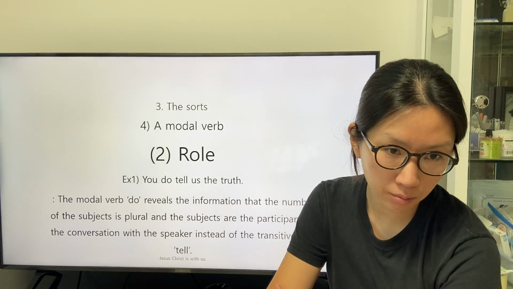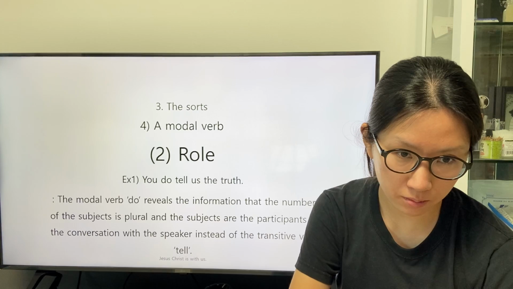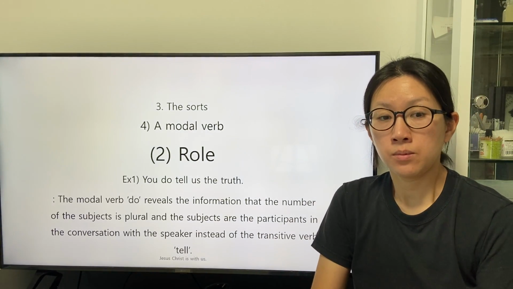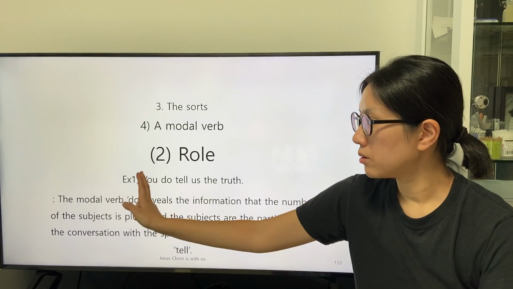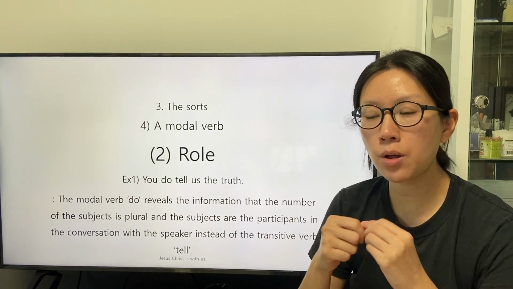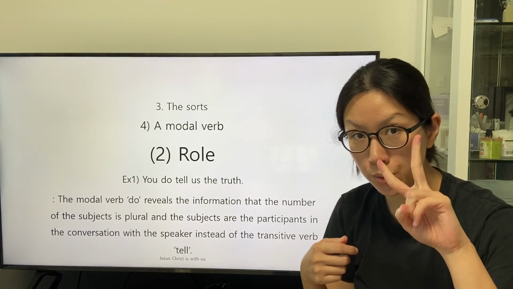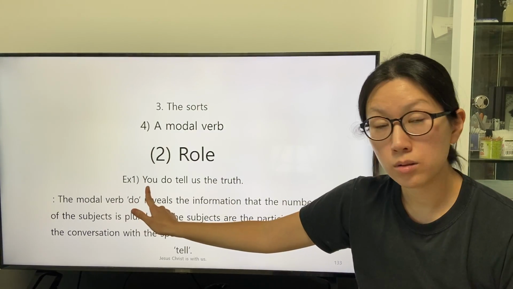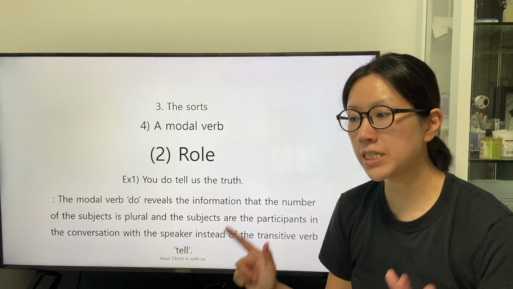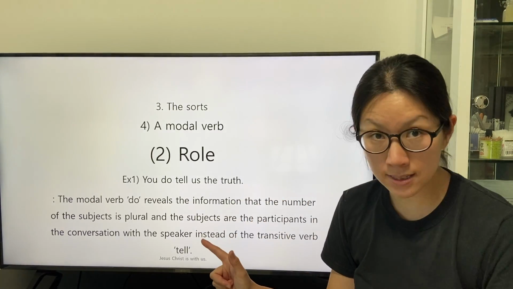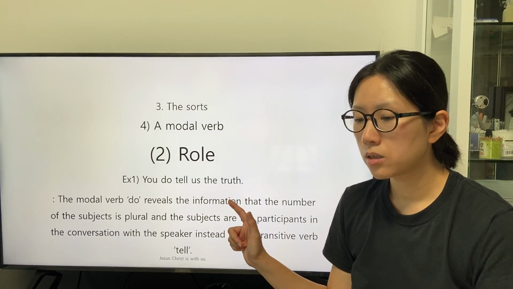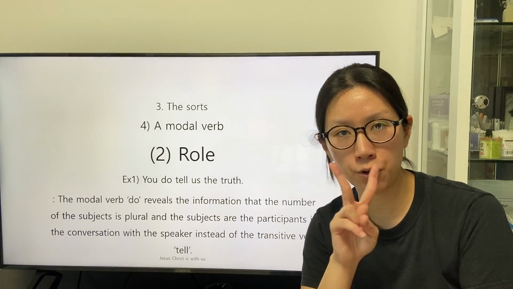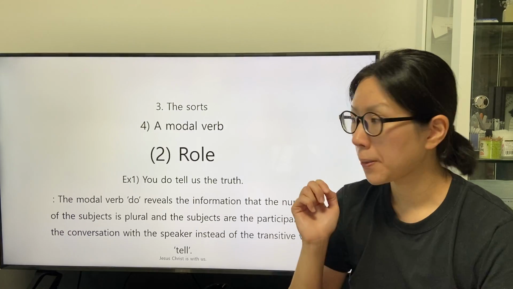The subject whose number is more than 2 and participates in the conversation with the speaker at the present accords with the second classification of the subject.